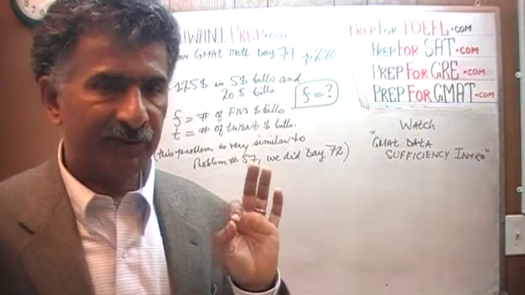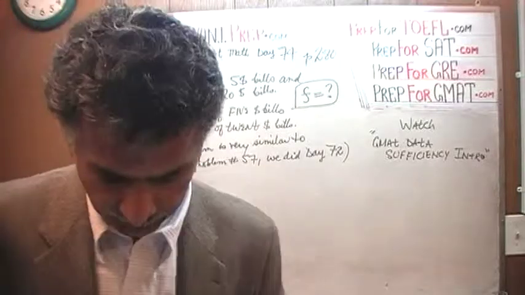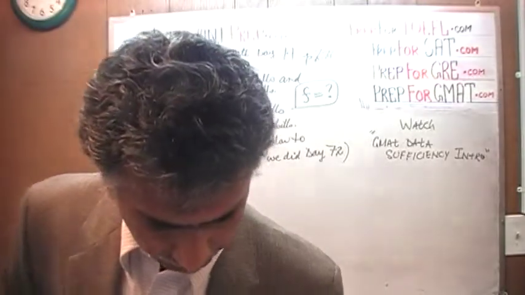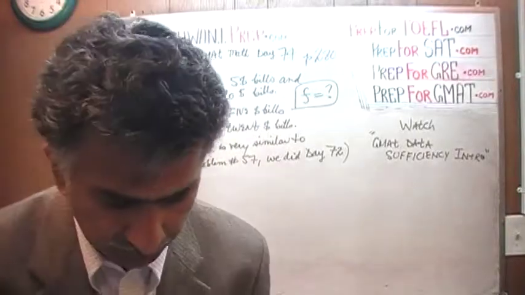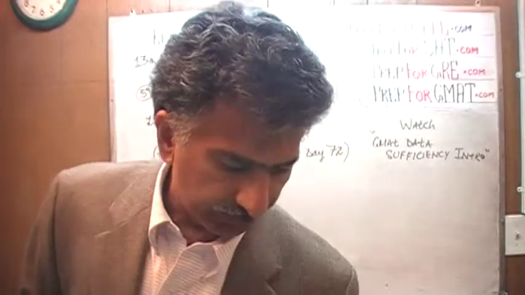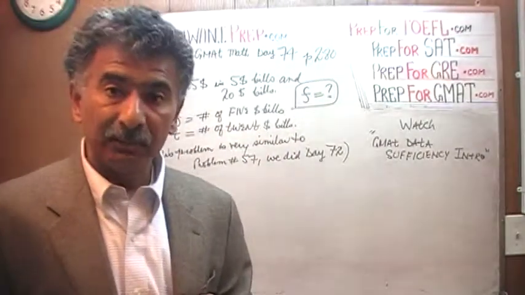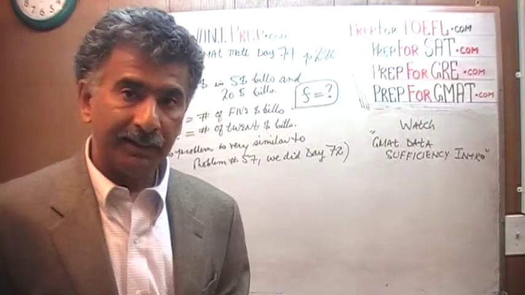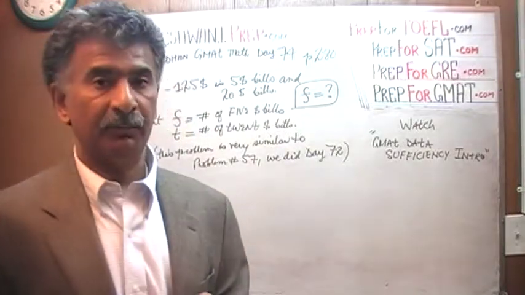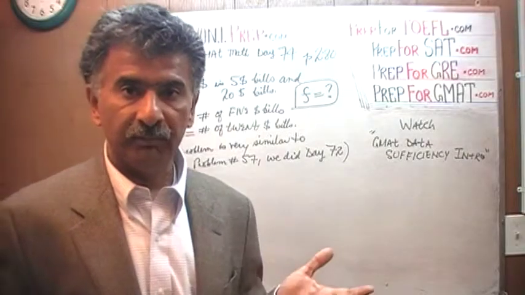The only difference is that in problem number 57, they were talking about gift certificates. I can just look it up here. Problem number 57, we had gift certificates of $10 and $50. You can think of these gift certificates as dollar bills. So in that problem, we had $10 bills and $50 bills, and the total amount of money we had was $460. You see how similar they are?